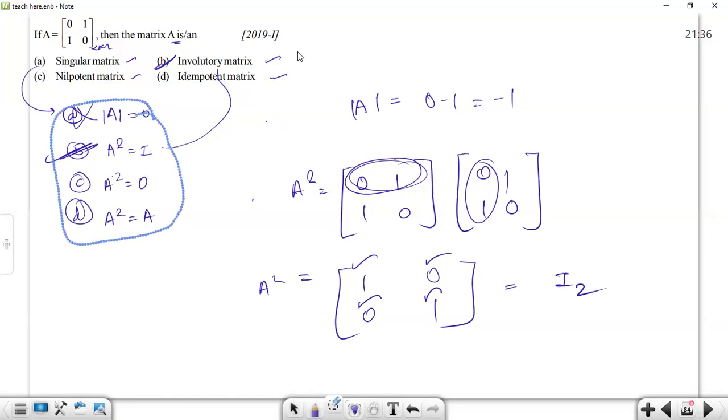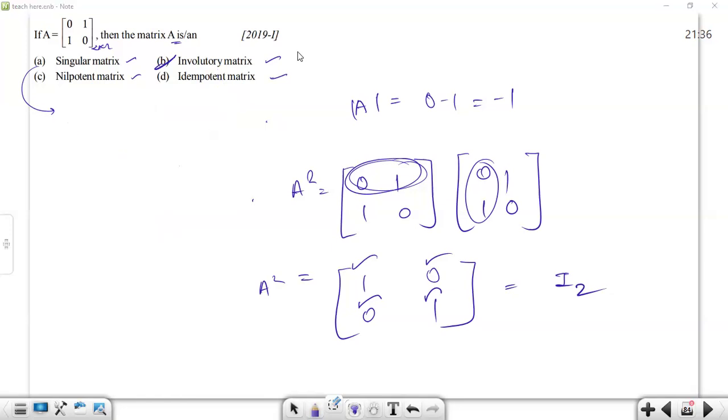Now, Guru Charan, please unmute yourself and tell me what is a singular matrix? Okay, Rishi, what is a singular matrix?